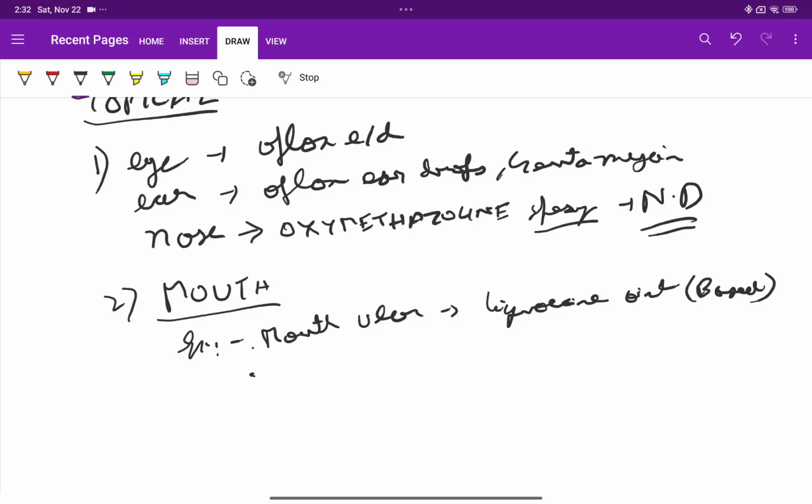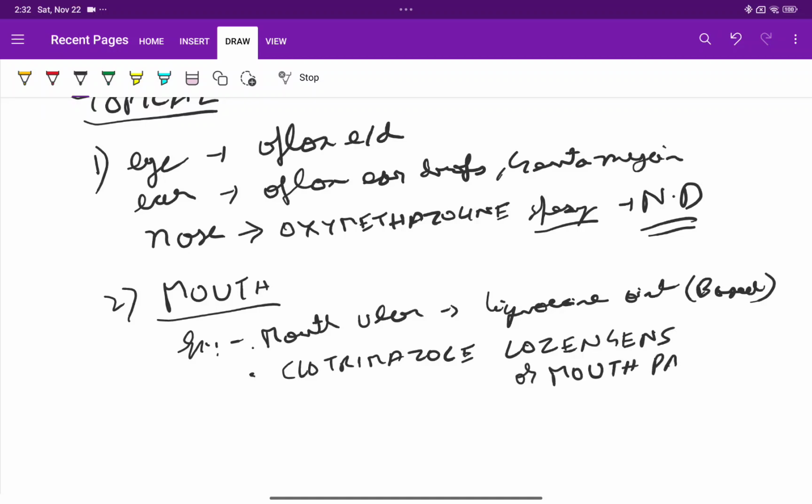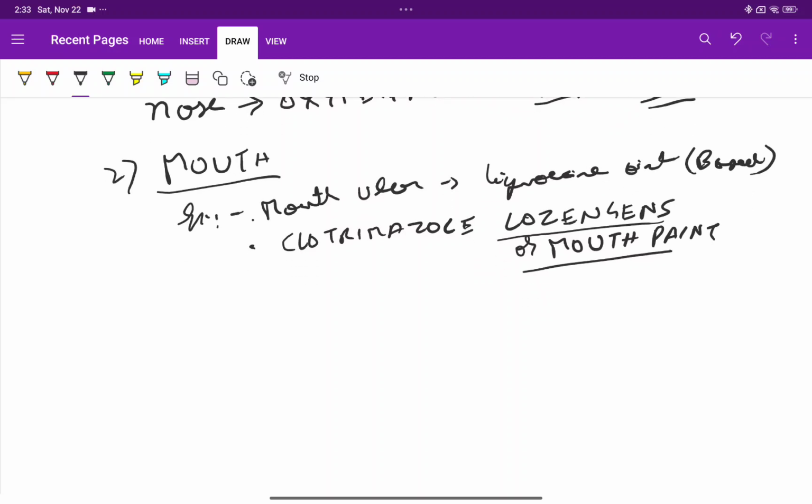Next example: when there is oral candidiasis, we give clotrimazole lozenges or mouth paint for the candida infection of the mouth. These are the examples of the topical route in the mouth.